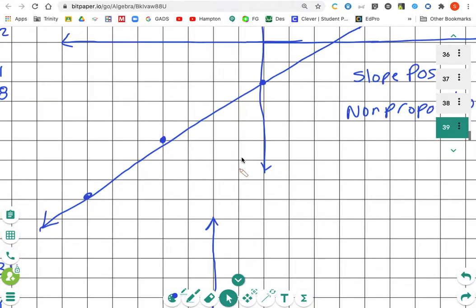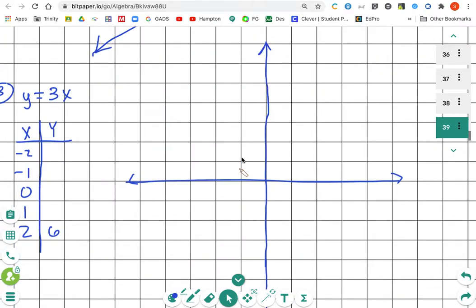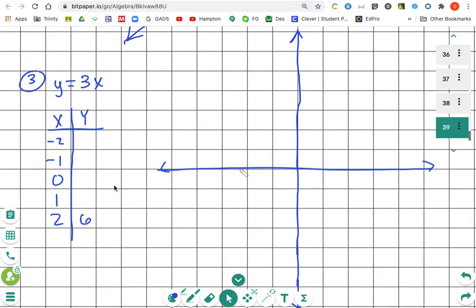Okay, let's take a look at number 3. Again, we're going to fill in our function table. I put my x and my y here. So we're going to do 3 times -2 is -6. 3 times -1 is -3. 3 times 0 is 0. 1 times 3 is 3.